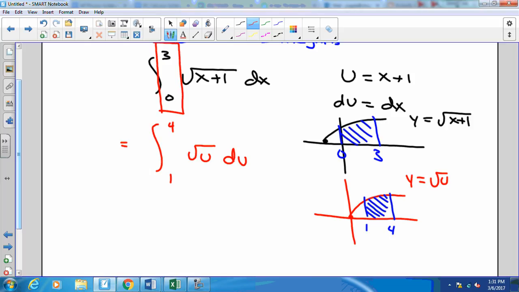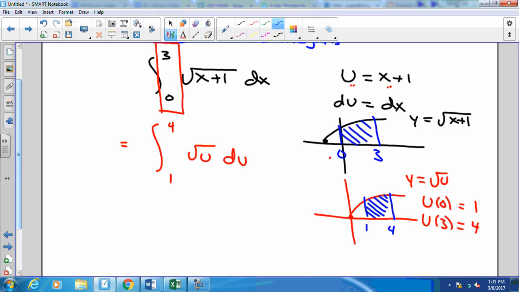But I could also have done it algebraically, because I can observe that when x is equal to 0, since u is x plus 1, therefore u is equal to 1. And when x is equal to 3, then since u is x plus 1, then u is equal to 4.